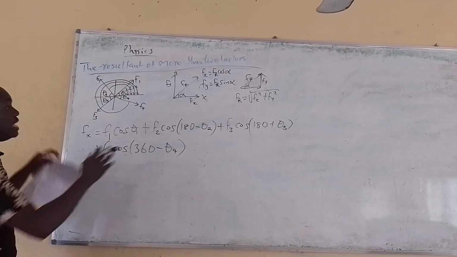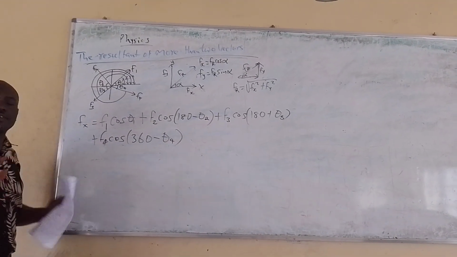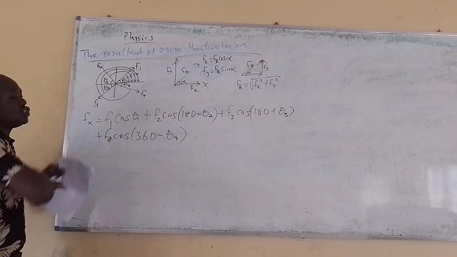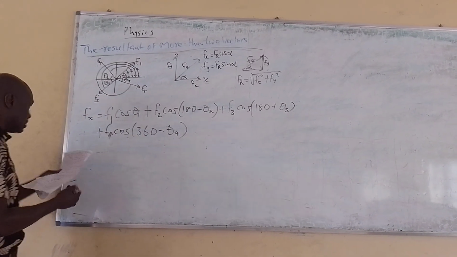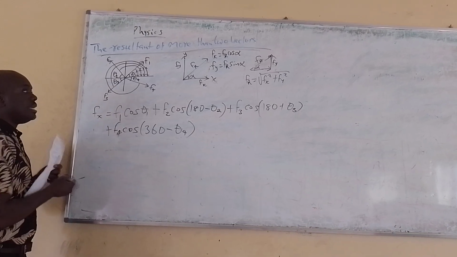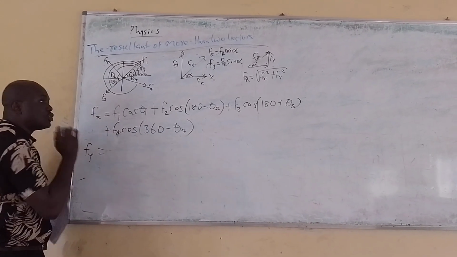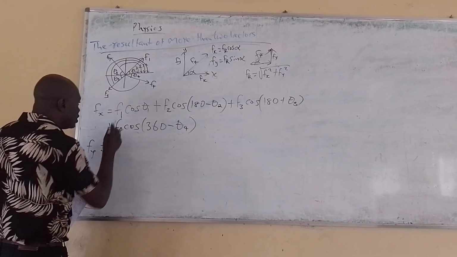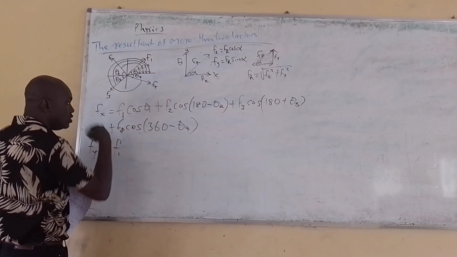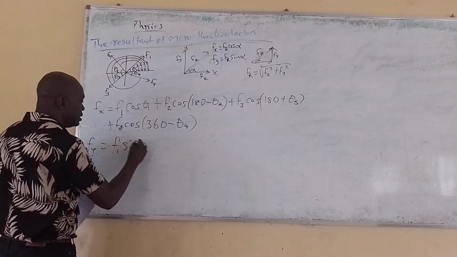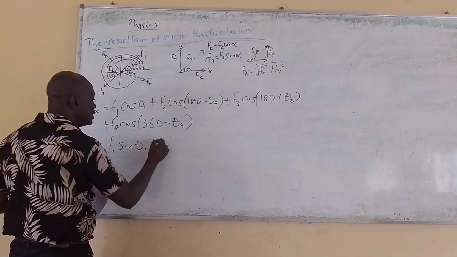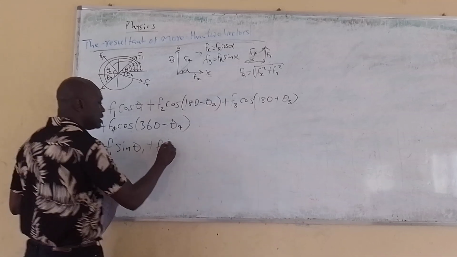Okay? That means if I now solve this, assuming we have real values, it will give us the resolution in the horizontal axis. So for the vertical axis, which is f of y, it is going to be the same thing, but for f of 1 you can just change the sign. I'll show you why the sign was changing. Only the sign was changing, but the whole values are the same.